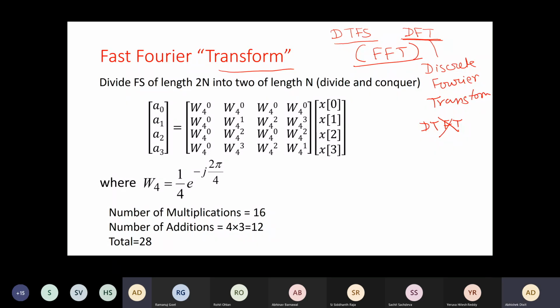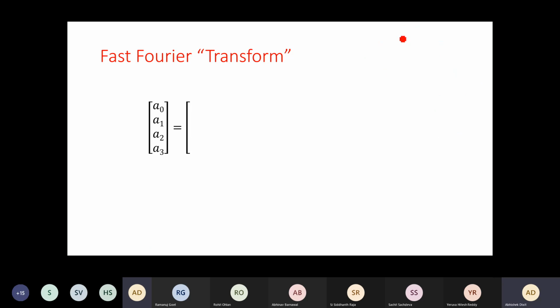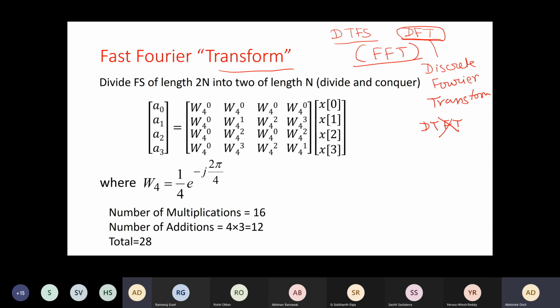And then there are many algorithms, in fact, which have been proposed to calculate this DFT in a faster way, that means by using a smaller number of operations. These algorithms are known as the fast Fourier transform. So what is the fast Fourier transform? It is a way by which you can compute the DFT using fewer steps. And what is DFT? DFT is nothing but DTFS.